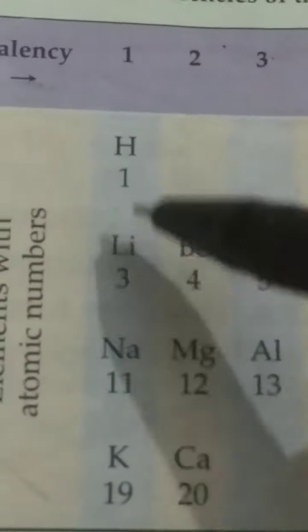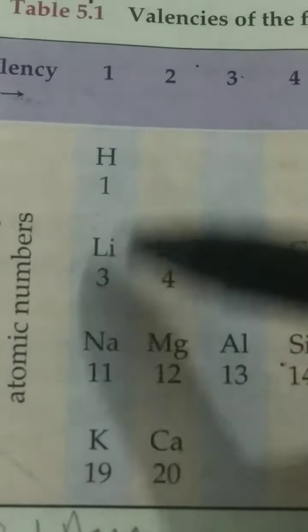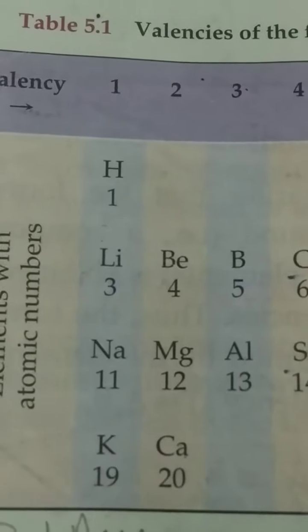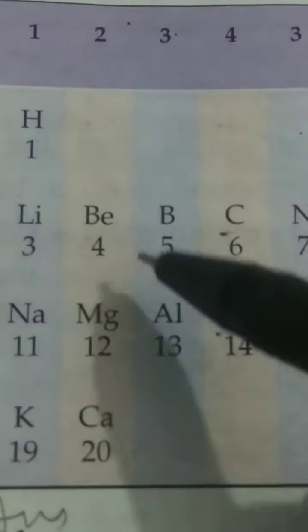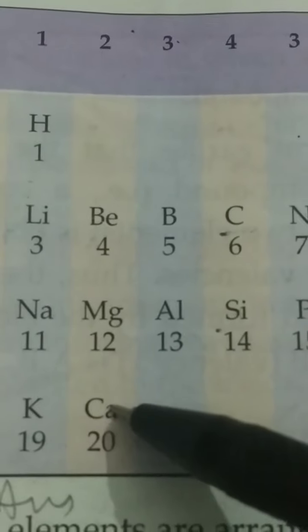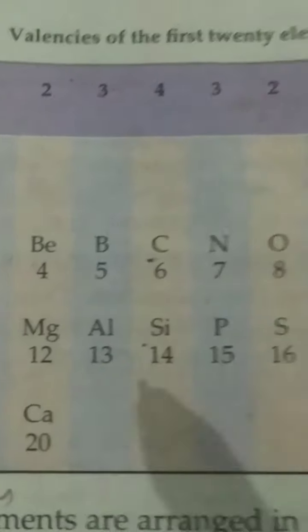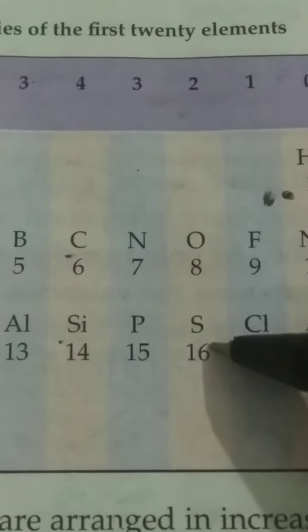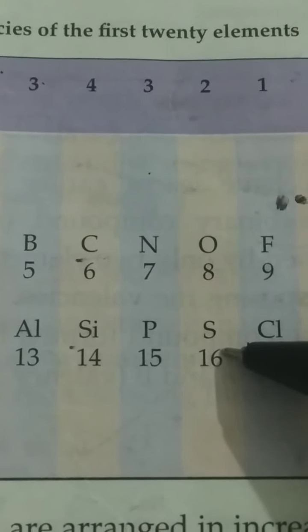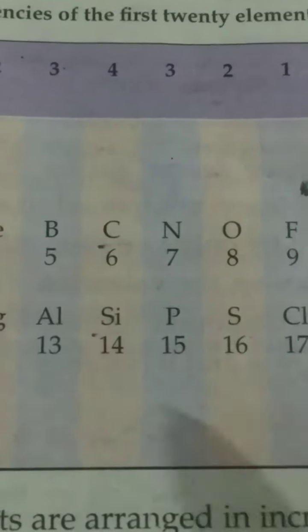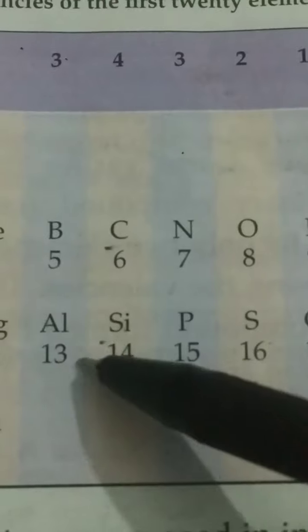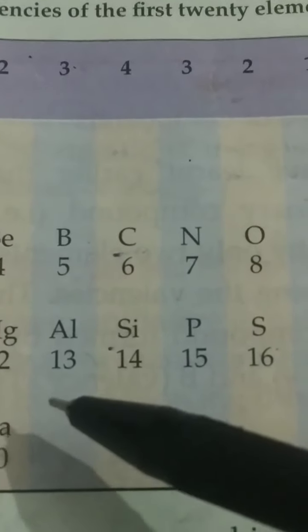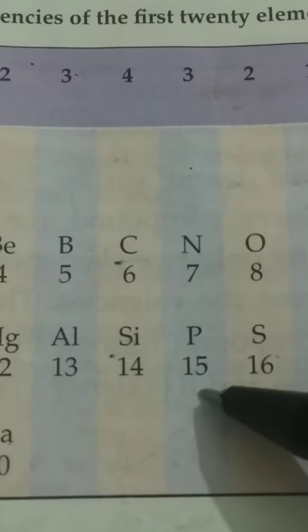And the valency of hydrogen, lithium, sodium, potassium, clear everybody? It is 1 positive. Valency of beryllium, magnesium, calcium, 2 positive. Valency of oxygen, sulfur, 2 negative. Clear? Valency of boron, aluminium, 3 positive.